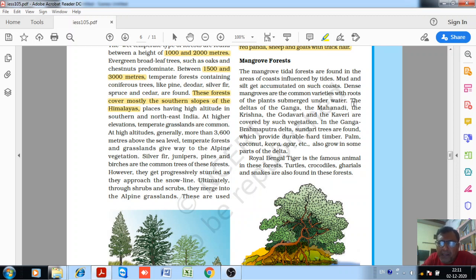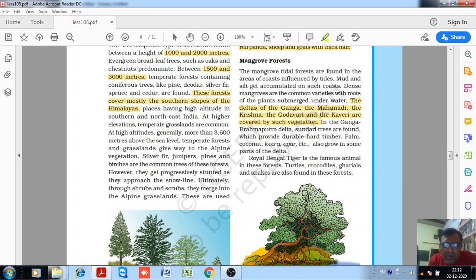So the deltas of the Ganga, now you are going to see where they are found. They are found in the deltas of the Ganga and Mahanadi, the Krishna, the Godavari and the Kaveri. These are the major areas where you find the mangrove forests or the tidal forests.